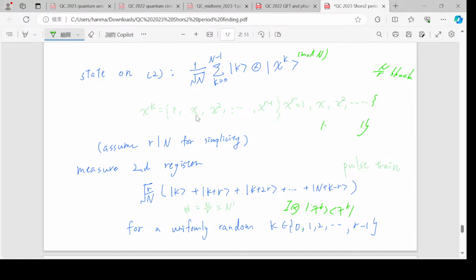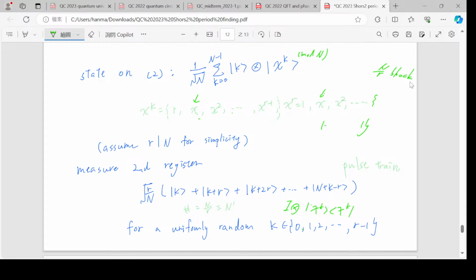For example, k equal to 1: you have x to the 1 on the second register, and not only do you get k here, you also get k plus r, k plus 2r, etc. So every block gives you something corresponding on the first register.